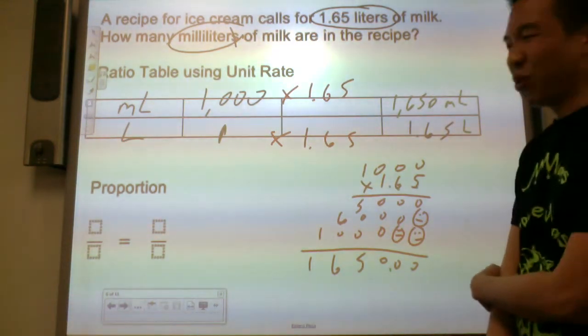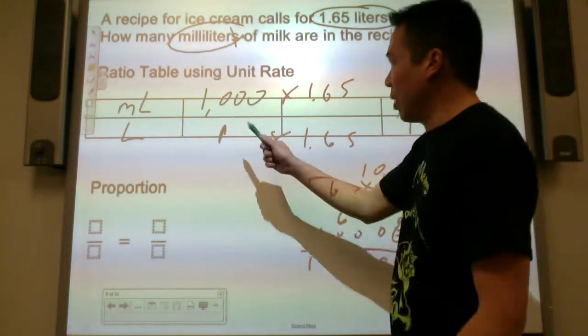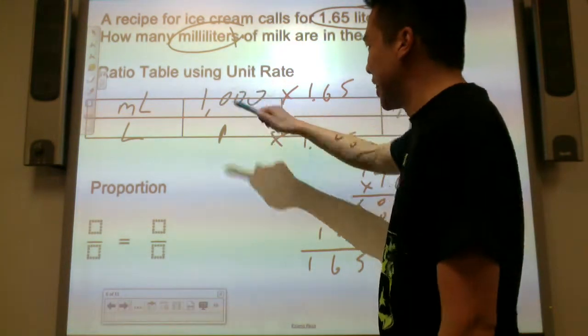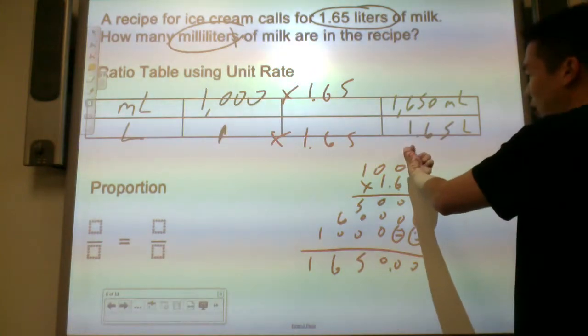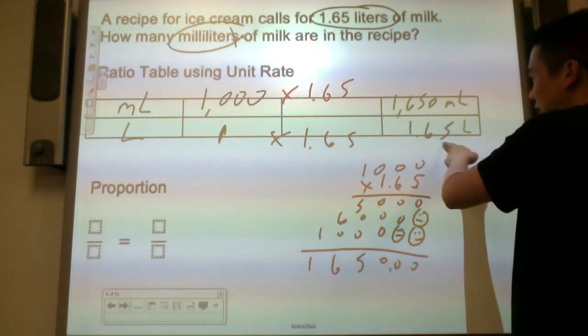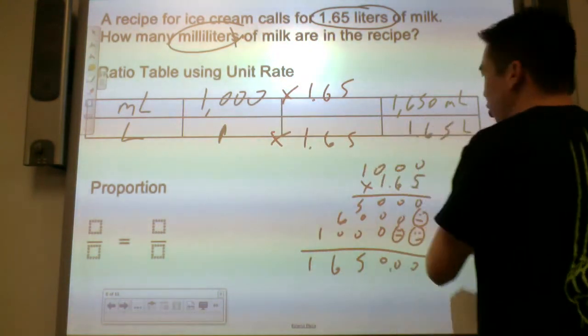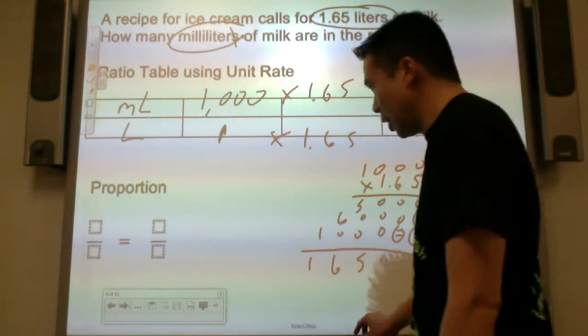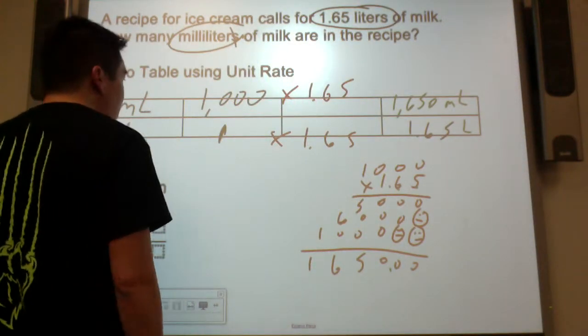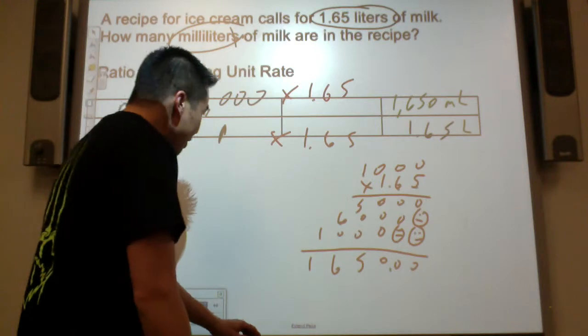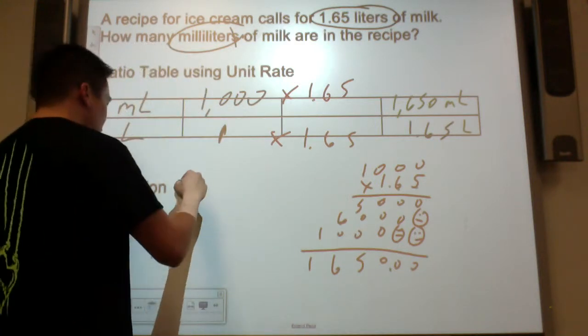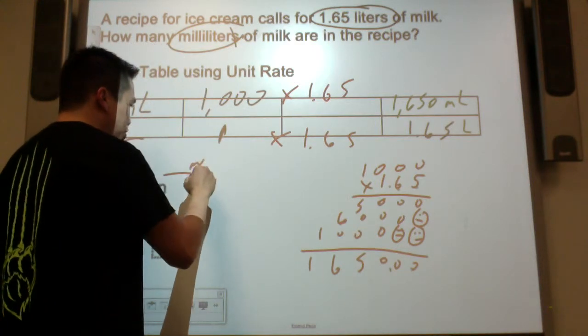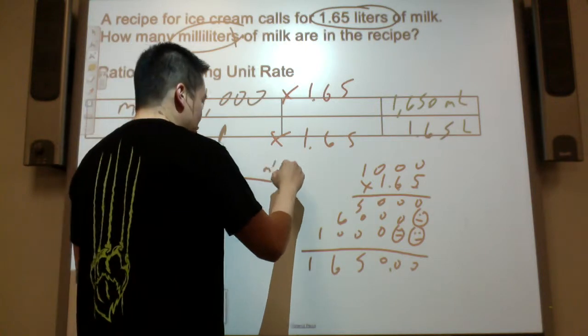You know, I could have done it without doing all this math. Think about it. Each liter is 1,000, so 1 liter will be 1,000, and the decimal part is .65, so I knew it was going to be 650. Again, you can set it up like a proportion. Same way, just make sure you know your labels. It's milliliters over liters.